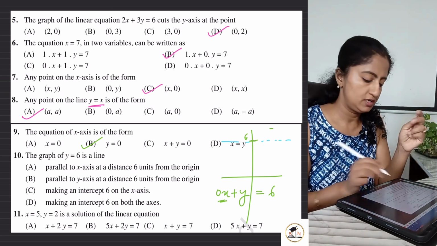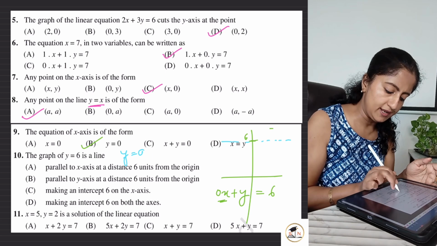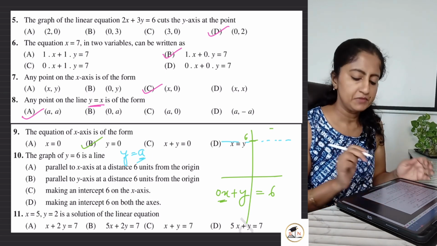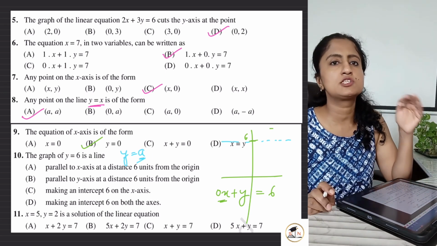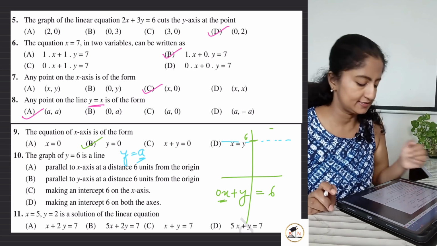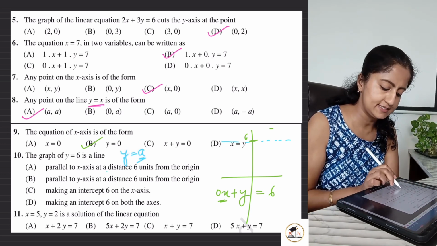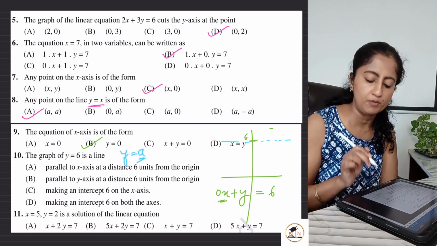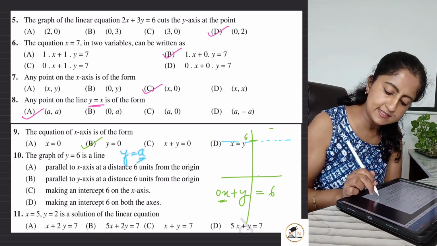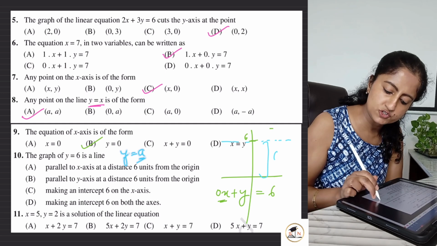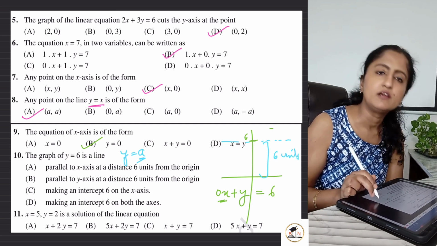Whenever you have y equals a, where a is any variable over here, that means this line is always parallel to the x-axis. And there is an option, see, parallel to the x-axis at a distance 6 units from the origin. Obviously, what is the distance from the x-axis? It is 6 units, right?